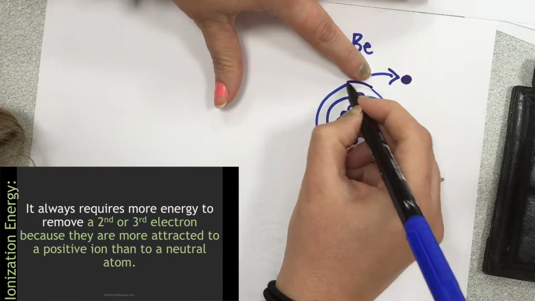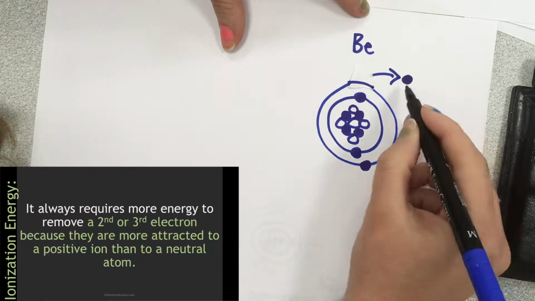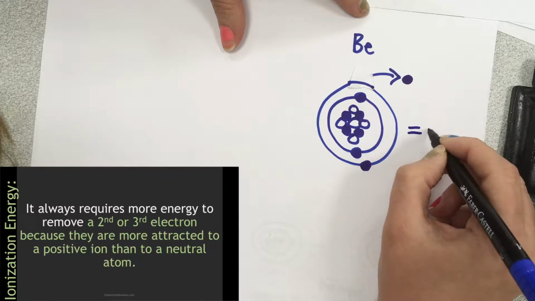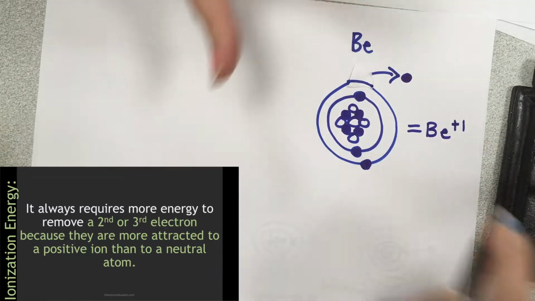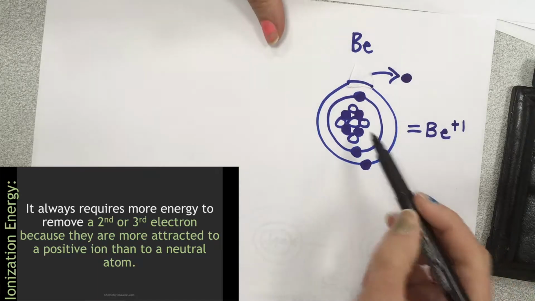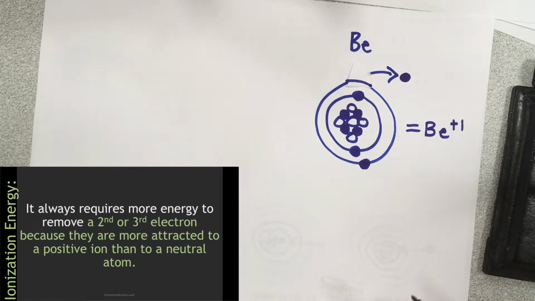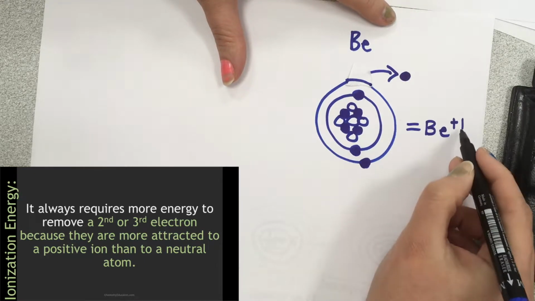And I'll go ahead and finish drawing. So there's beryllium, and we've removed the electron. So now we have beryllium with a +1 charge if we've taken away 1 electron, because we have 4 positive charges and now we only have 3 negative charges.